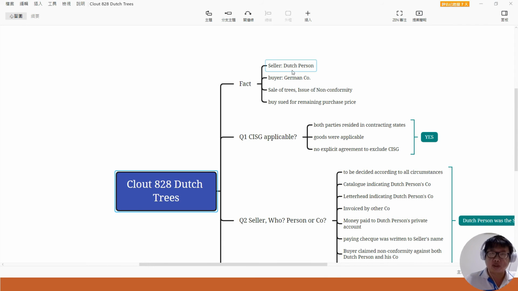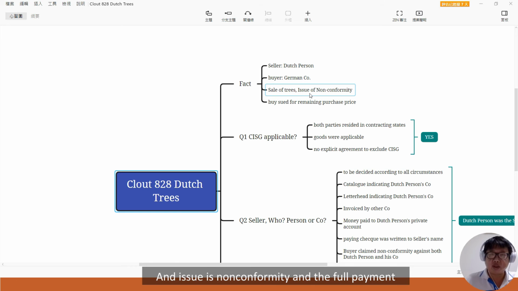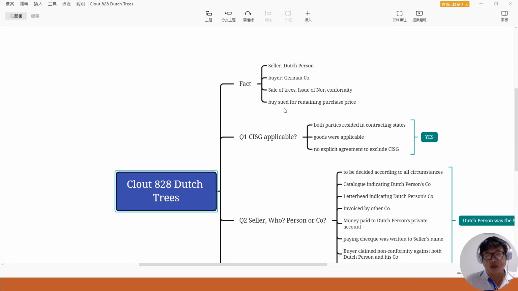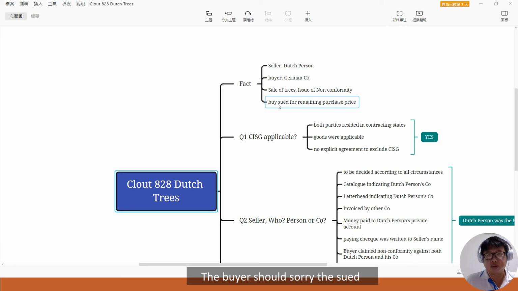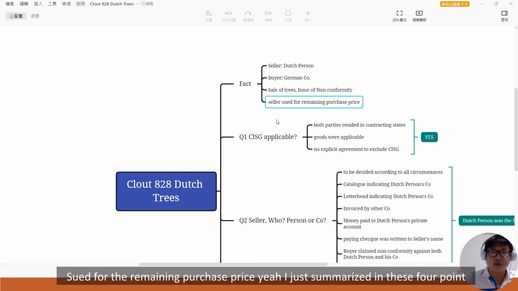The seller is the Dutch person, the buyer is the German company, the sale concerns trees, and the issues are non-conformity and full payment. The seller claims the remaining purchase price. I summarized this in four points.